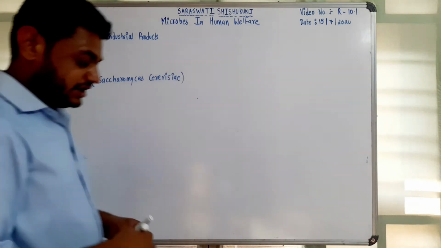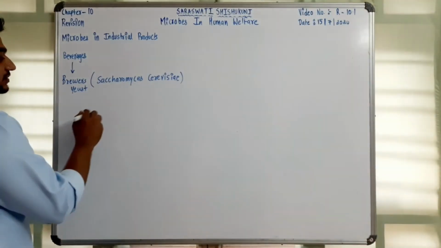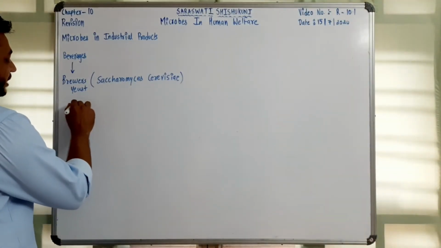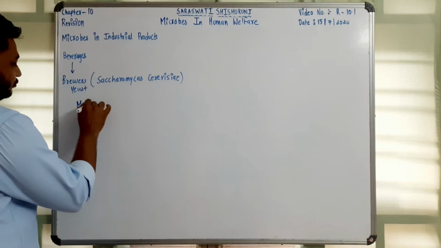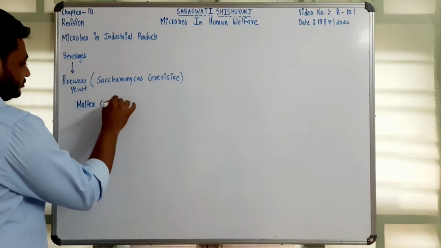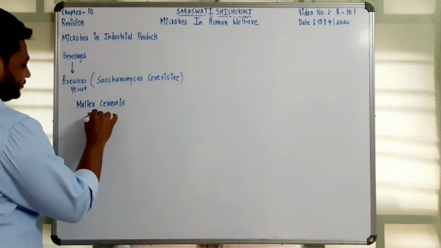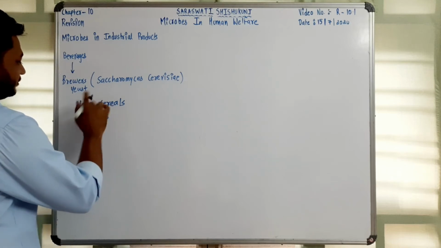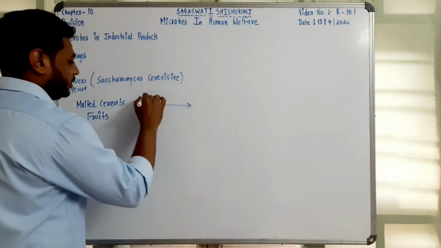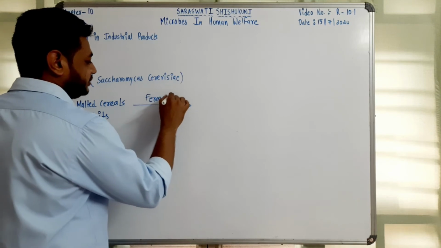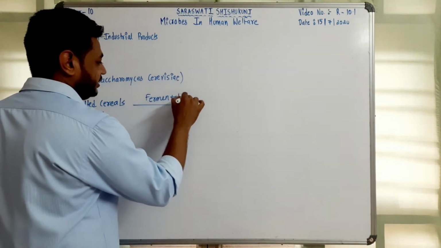The brewer's yeast ferments malted cereals and fruit juices, right? Such kinds of things are fermented and it produces ethanol, right?